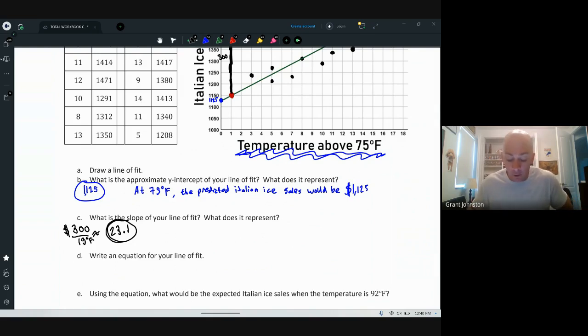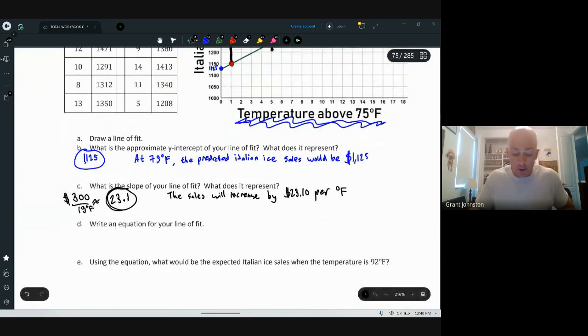So that means our slope represents the sales will increase by $23.10 per degree Fahrenheit. Yep, so that's what the slope represents. The sales will increase by $23 per degree Fahrenheit.